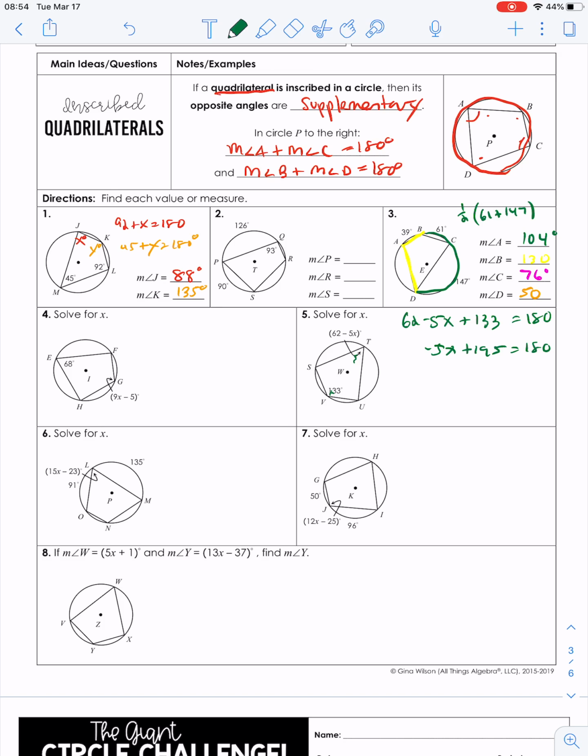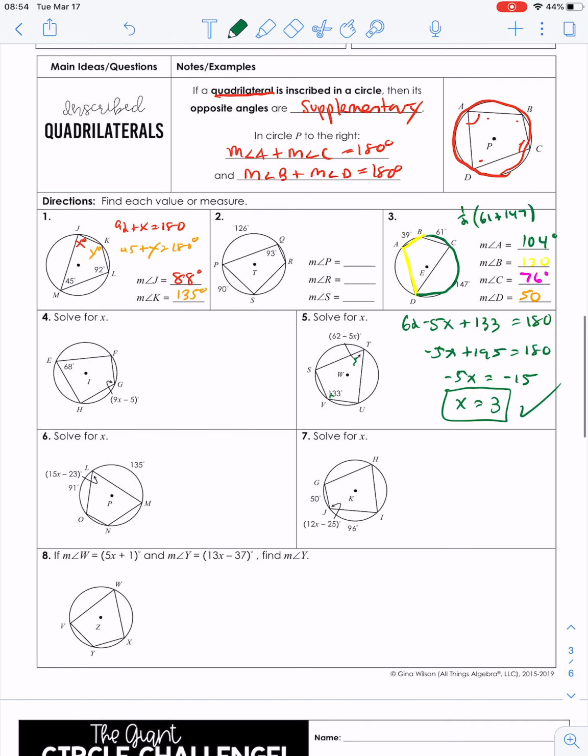And then I get negative 5x equals negative 15, subtracting the 195. When you divide by negative 5, a negative divided by a negative is a positive. So x equals 3. And we're done.